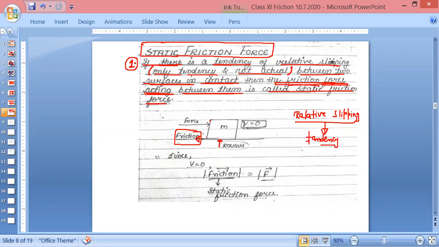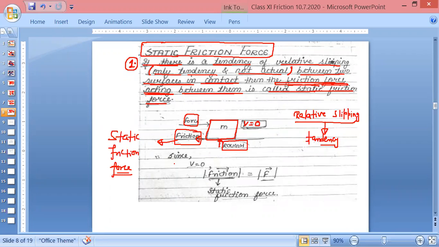Again, the same diagram: a mass is placed on a rough surface, a force is applied here, and no motion means the velocity is zero. Then this friction force existing between the surfaces is called static friction force.